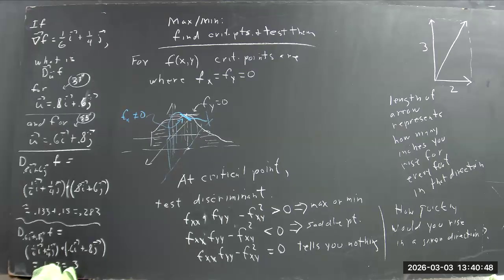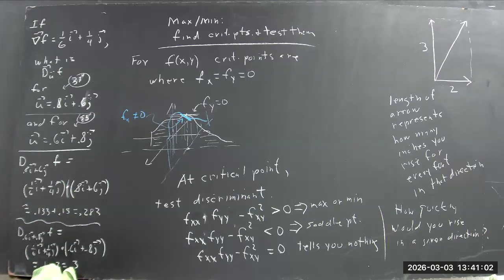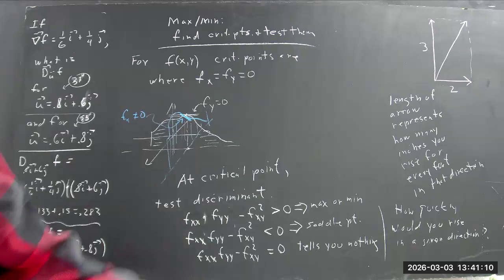We're not going to worry too much about that. You're probably going to encounter it, and we'll talk about it if you do. That's basically it for relative maximum and minimum. It's real easy.